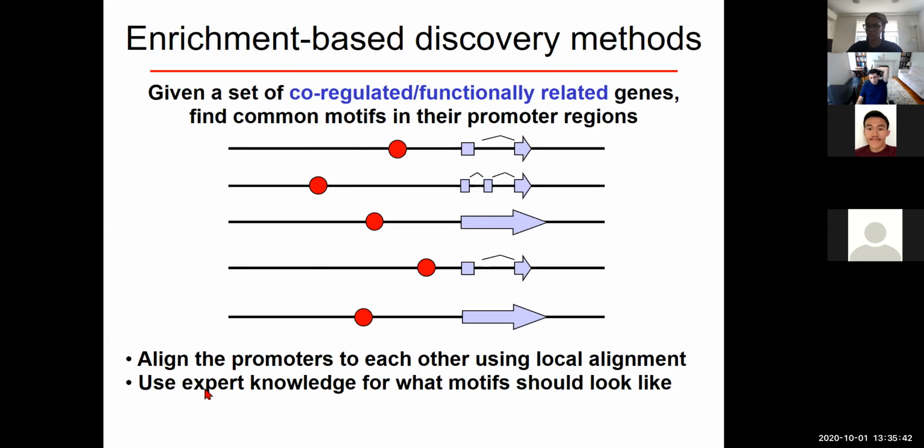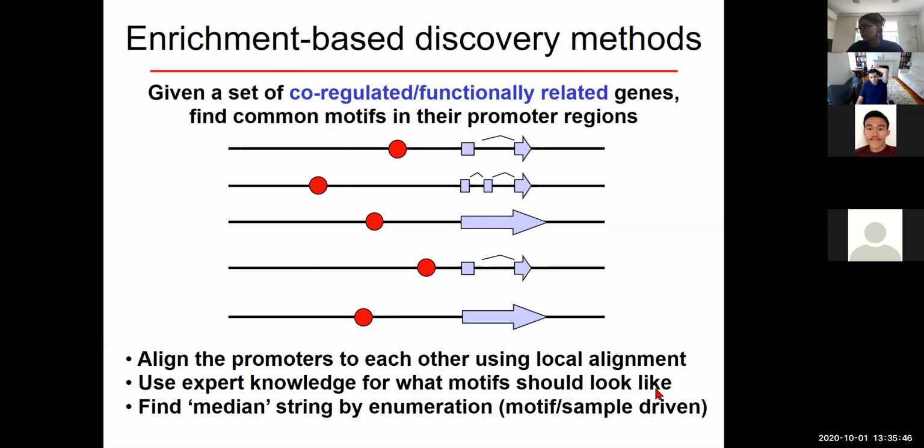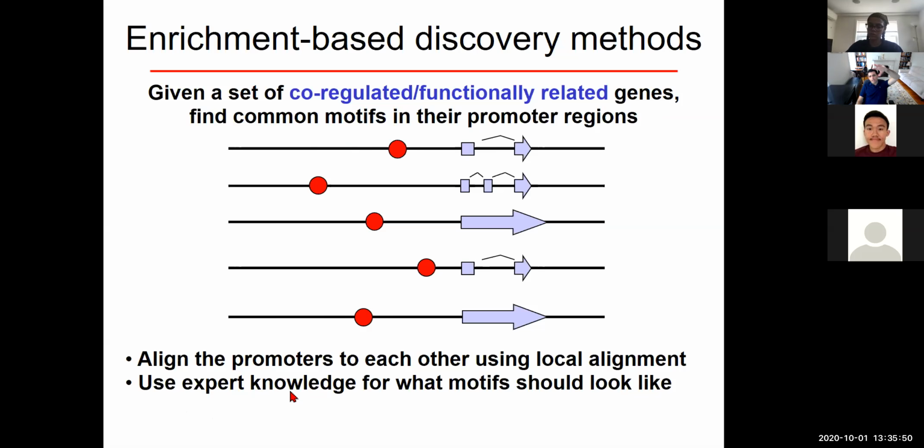Another approach might be to use some expert knowledge for what the motifs should actually look like. You could say, well, knowing how this factor binds DNA, it's probably a homodimer. It probably has some sort of matching sequences that are palindromic, that can be read the same way from both sides, and so forth.